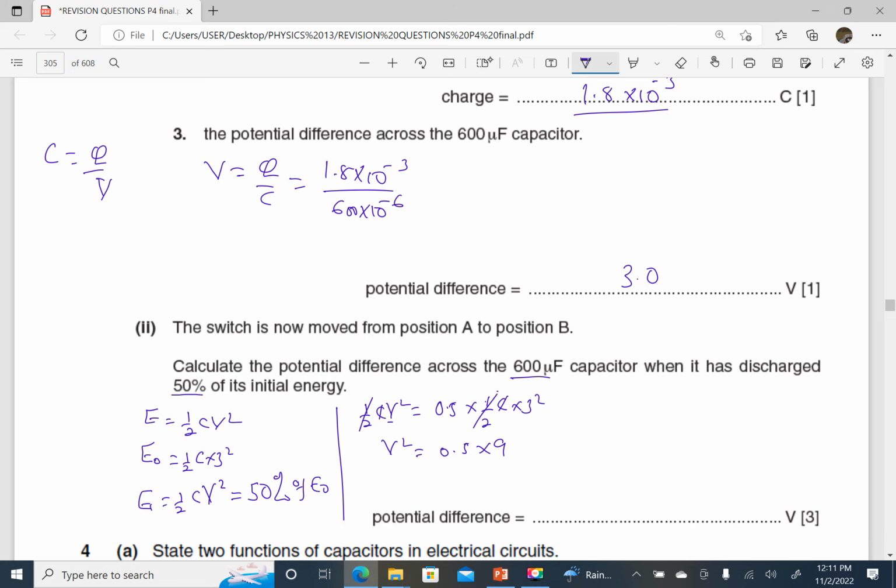Then V is going to be the square root of 4.5. So this is 2.1 volts. So that is the PD.